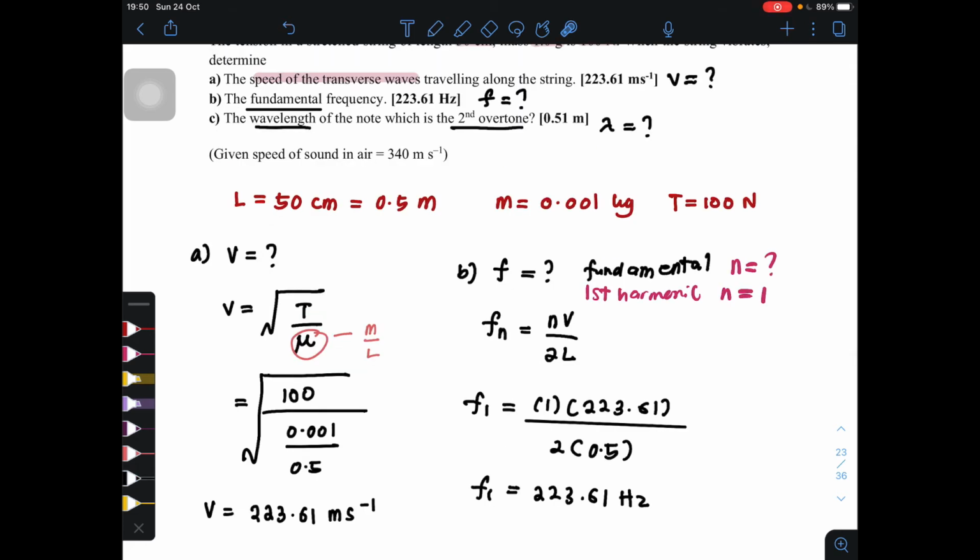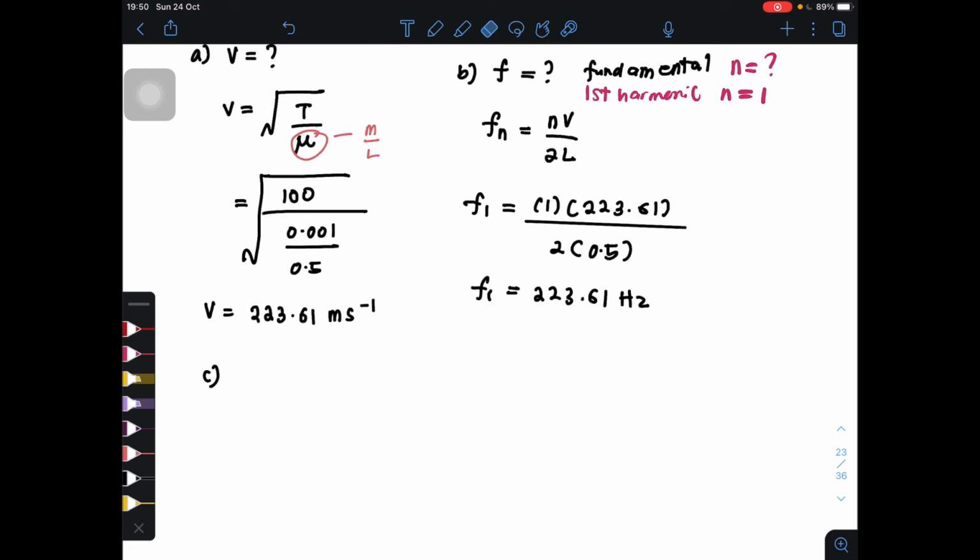Okay, last one, we want to find the wavelength of the note. Okay, wavelength on the note, which is the second overtone. So we want to find the wavelength for the second overtone. Okay, kita tahu second overtone N adalah sama dengan 3.